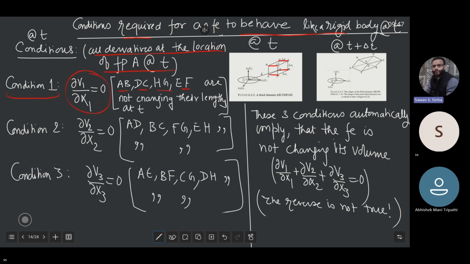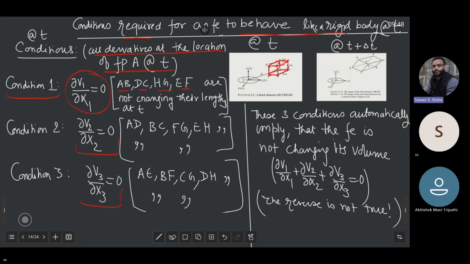The first necessary condition for this to behave like a rigid body is that we should control these 4 edges. Controlling these 4 edges means this should be 0. Condition 2, this should hold good. Because if this holds good, then this edge, this edge, this edge, and this edge will not change their length. Third condition, the remaining edges are controlled. This, this, this, and this.